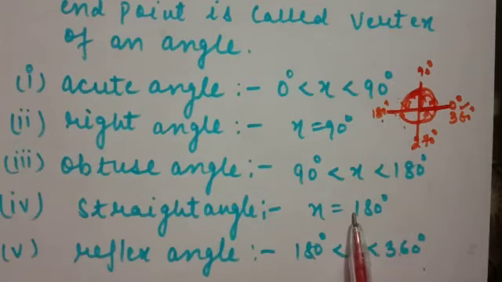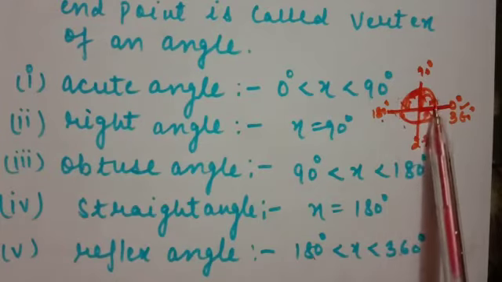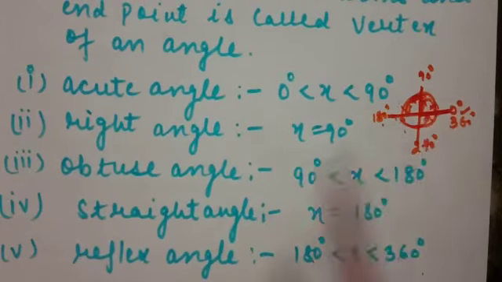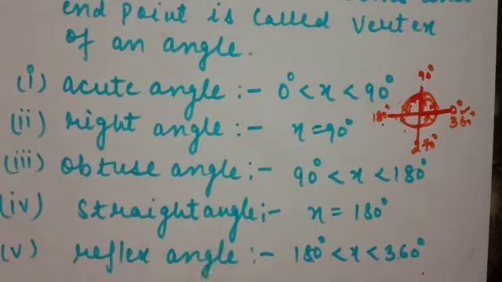When the measurement of any angle is exactly 180 degrees, then we call it a straight line angle, because we know this is a straight line and the complete angle on this straight line is 180 degrees. Reflex angle is the angle which is greater than 180 degrees and less than 360 degrees. So they are the simple 5 types of angles.